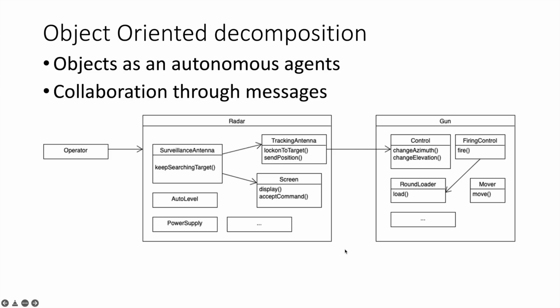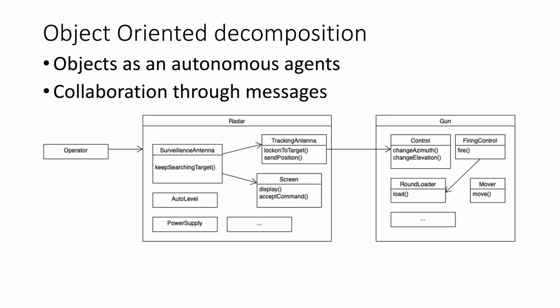If the same system was to be decomposed in the object-oriented world, how could we do it? Here the objects are considered as autonomous agents, as we talked about. So being autonomous agents, these objects, for example the operator, radar and gun, are the major objects which were taking part in messaging each other and fulfilling the complete functionality.